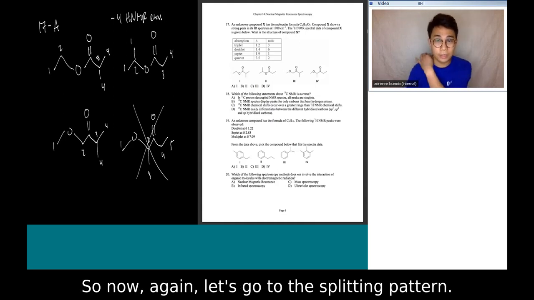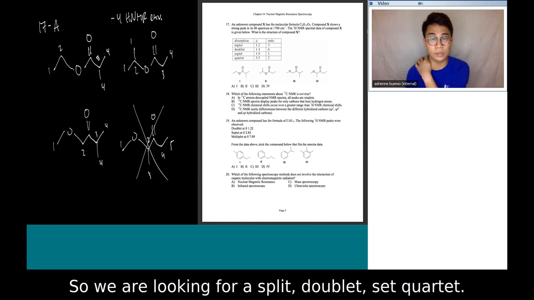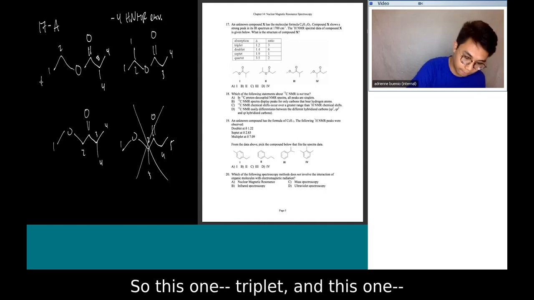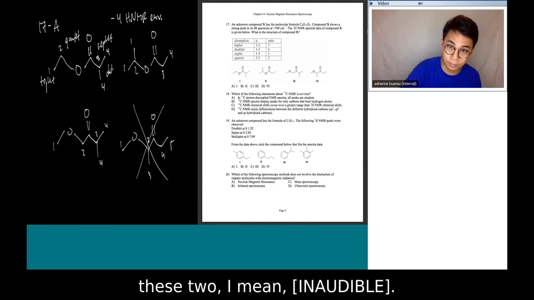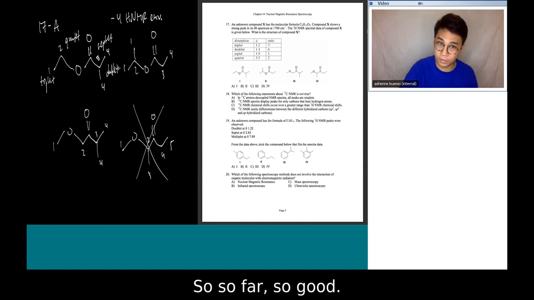So now again, let's go to the splitting pattern. So we're looking for triplet, doublet, septet, quartet. So this one, triplet. This one, quartet. This one, septet, right? These two, I mean, doublet. So far so good.